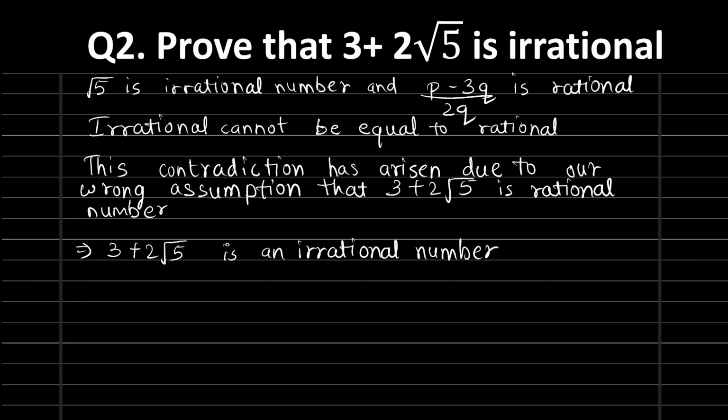Now, left hand side should be equal to right hand side, right? But here, left hand side is irrational and right hand side is rational, which cannot be equal to each other. So, this is a contradiction which has arisen due to our wrong assumption. Our assumption was 3 plus 2 root 5 is a rational number, and hence we can conclude that our assumption is wrong. Therefore, 3 plus 2 root 5 is an irrational number.